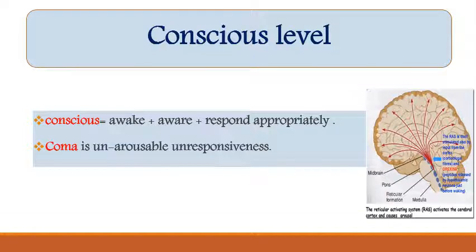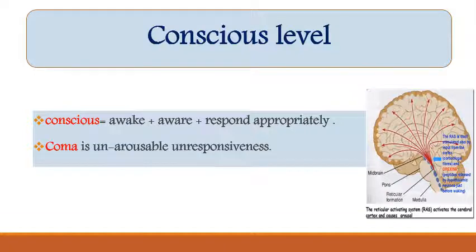To say that the patient is conscious, he must be awake, aware, and respond in an appropriate way to external and internal stimuli. To be awake, this is the function of the reticular activating system, which is part of the brainstem.